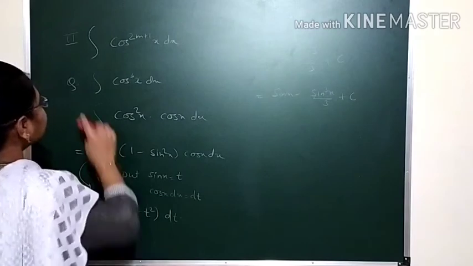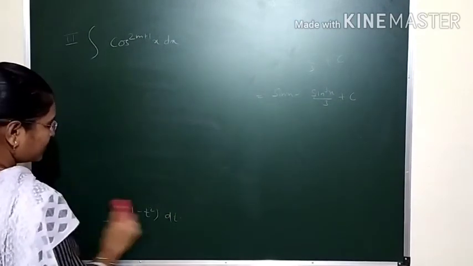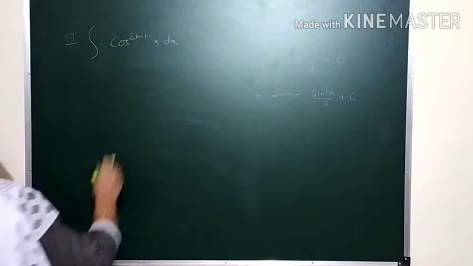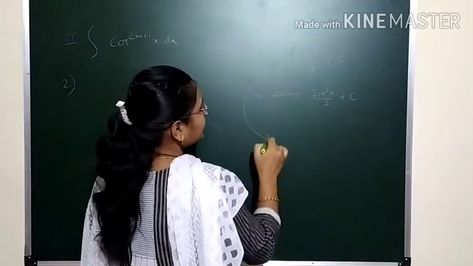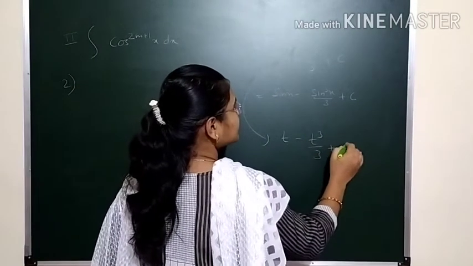Now one more example. The example is the integration of root sin x into cos cube x. Because of the light, this is not visible. Here I have written t minus t cube by 3 plus c.